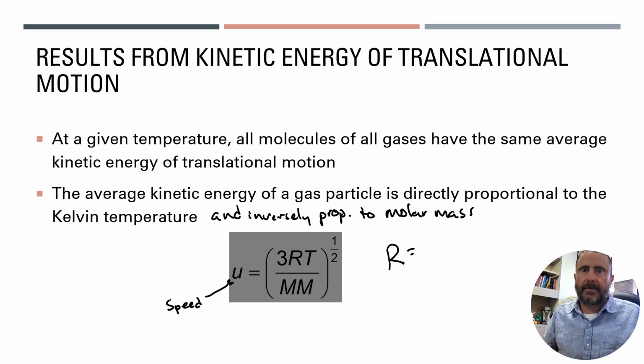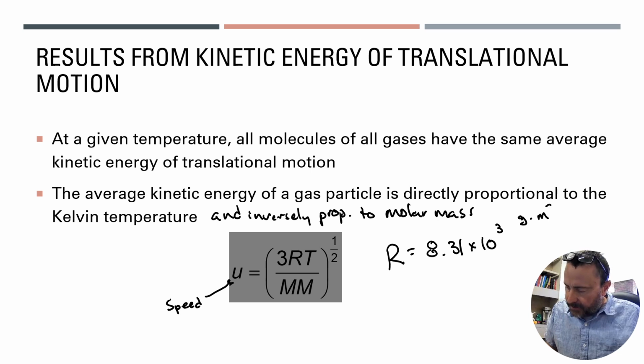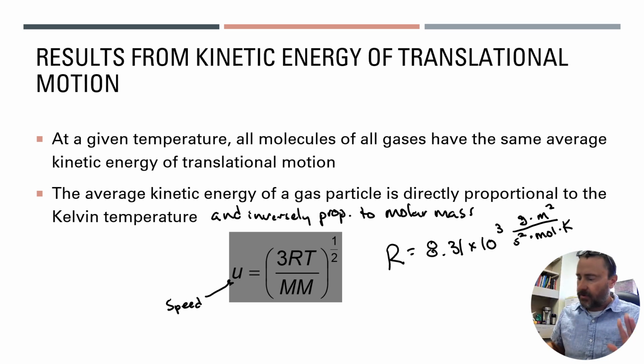This one is the second one that we've come across. It's the third one that would come up in Chem 2. And this one is 8.31 times 10 to the third, and it has units of grams times meters squared over seconds squared times moles times Kelvin. It has these crazy units in there.